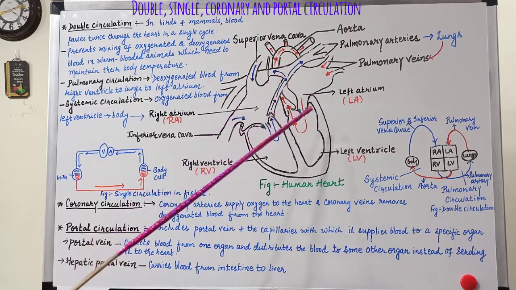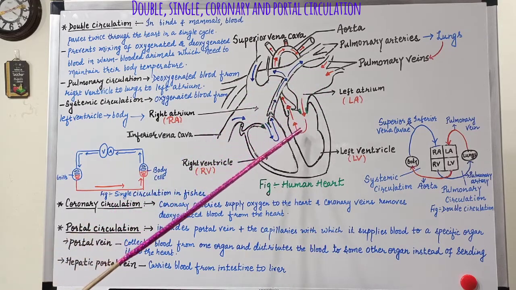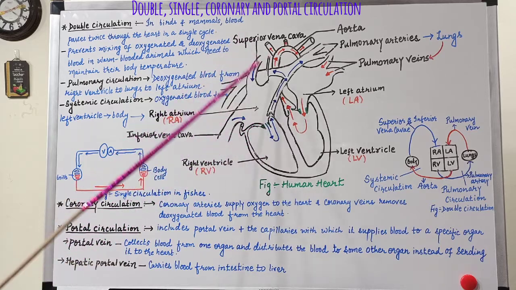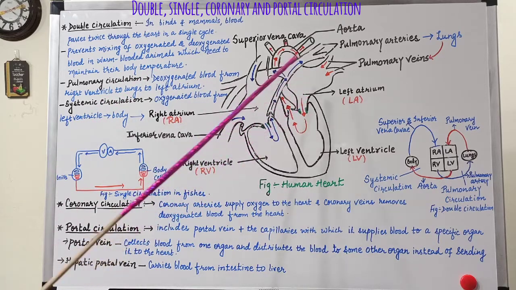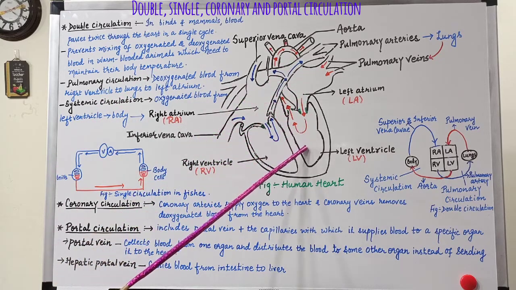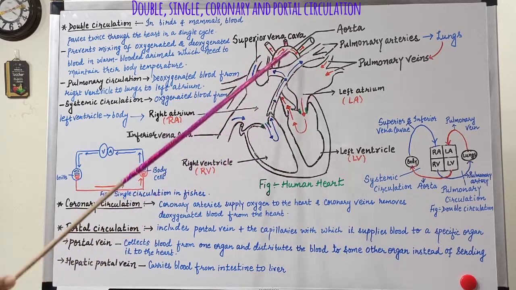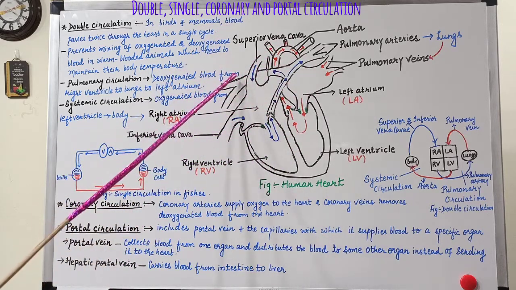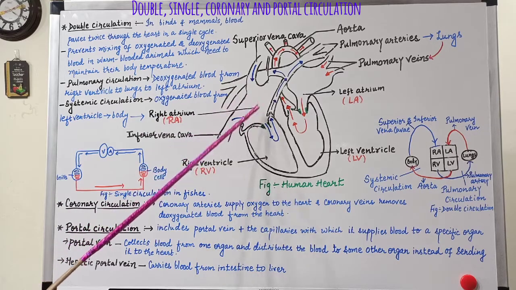Now the blood has come to the left atrium. This oxygenated blood needs to be given to different systems of the body through a circulation called systemic circulation. So, systemic circulation includes the circulation of blood from the left ventricle to the body through the aorta, and from the body this blood gets deoxygenated and comes back to the right atrium for further circulation.